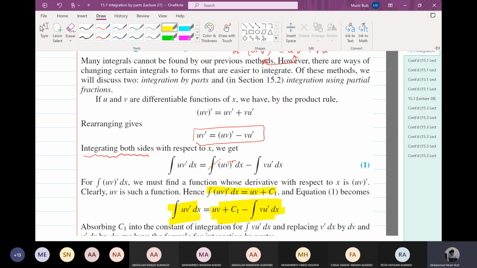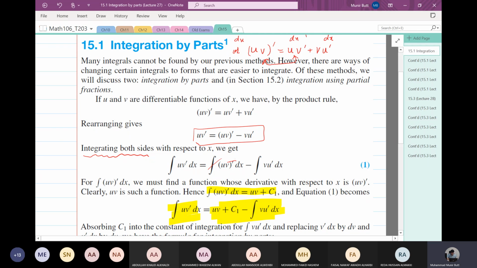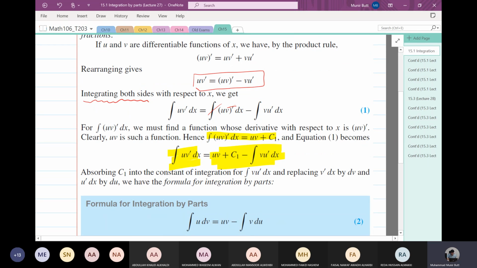Now you can represent this function in a more suitable form, where you say that v' dx is like dv, and u' dx is du.